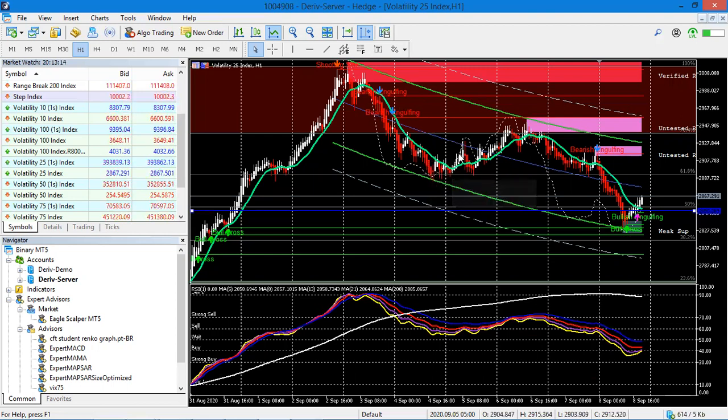So when this move happened, how many hours? 1, 2, 3, 4, 5, 6 hours going up, right? It destroyed the power of the downtrend, because these are bigger candles and a bigger movement. So automatically it has destroyed the power of this downtrend.